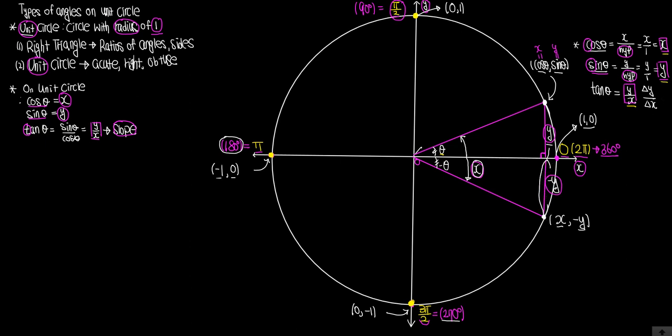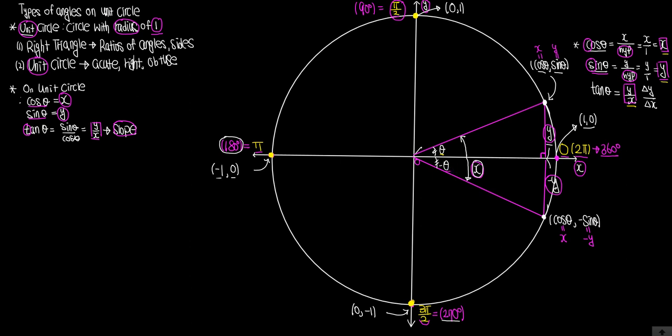So we can convert x and y in terms of cosine and sine, where the positive x will be cosine theta and the negative y will be negative sine theta. So cosine theta will be our new x value, and negative sine theta will be our negative y value, since it is a coordinate for our rotated angle in radians, negative theta.